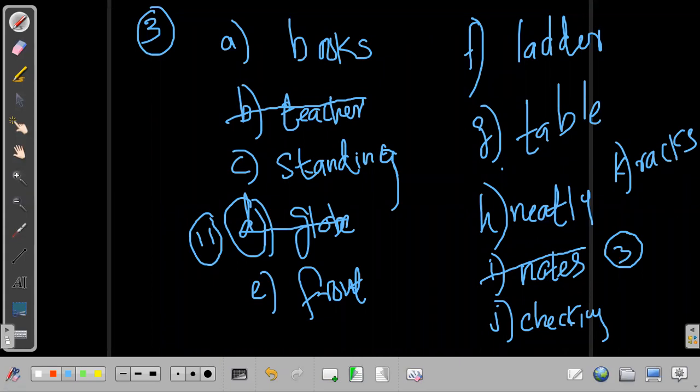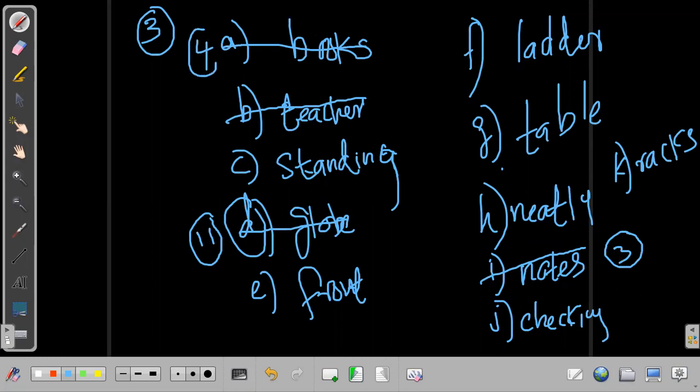Down some notes while the others are reading books. Yes, there are books. Yes, there is a word as books. So we can say now this one, reading books, this has to be 4.